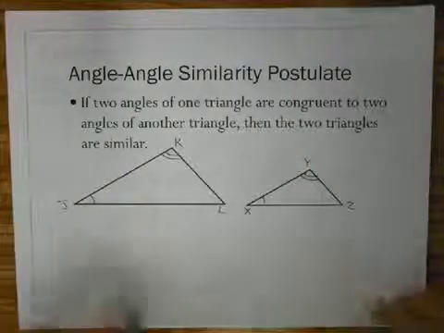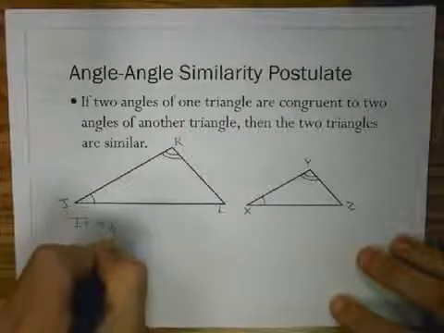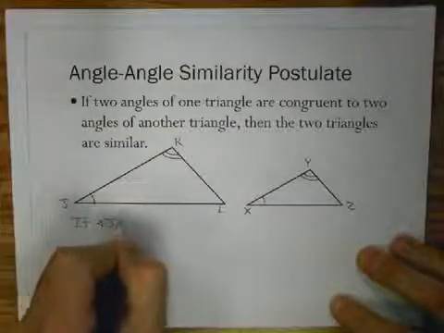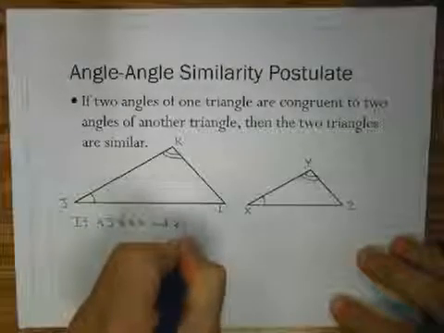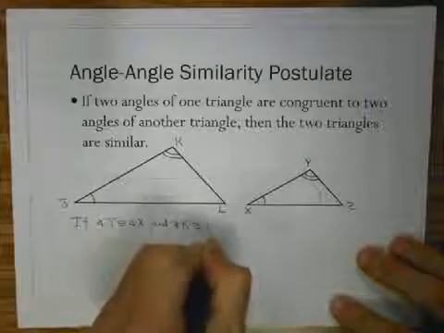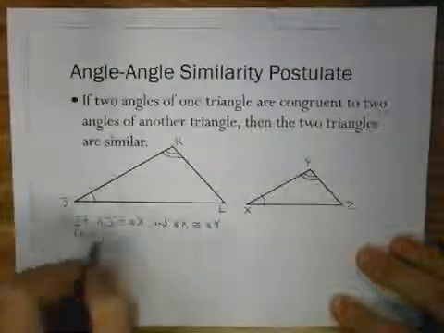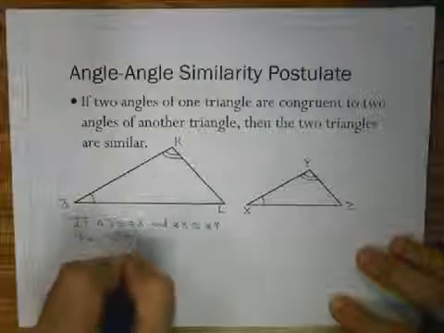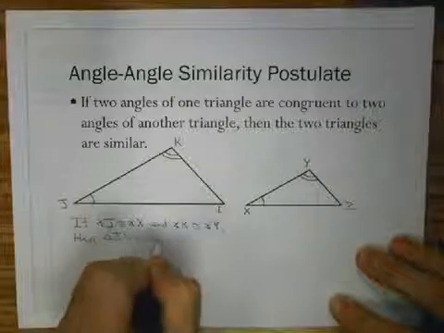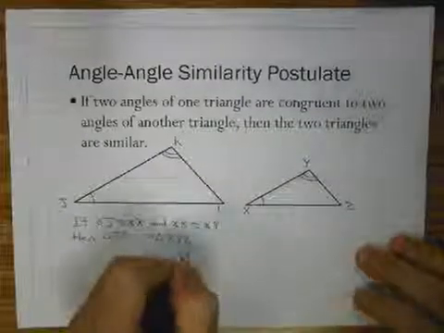So let's write out what we have. If we write this by our diagram, we have angle J is congruent to angle X, and angle K is congruent to angle Y. Then we have the two triangles, JKL is similar to XYZ.